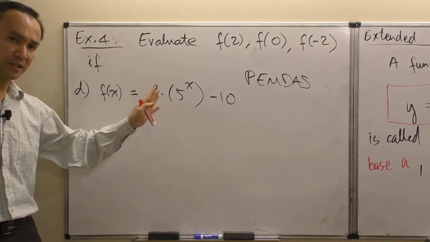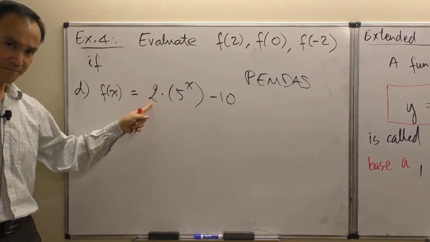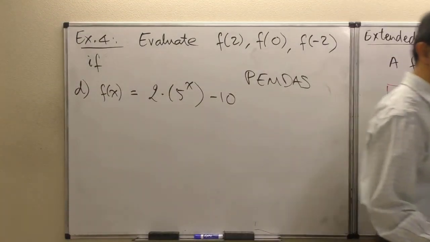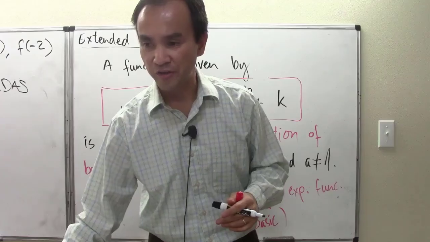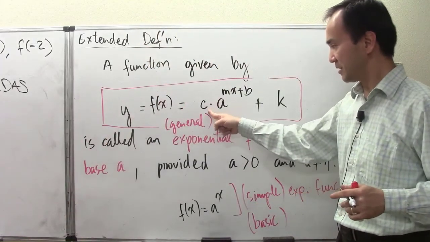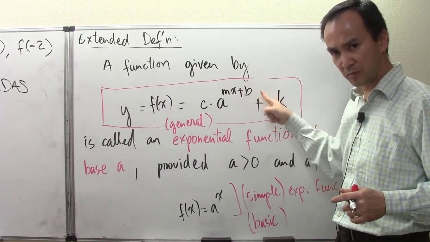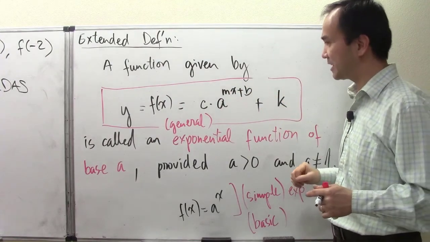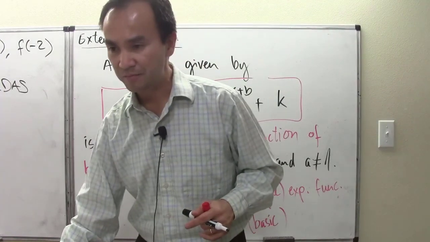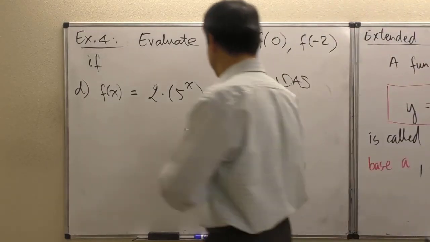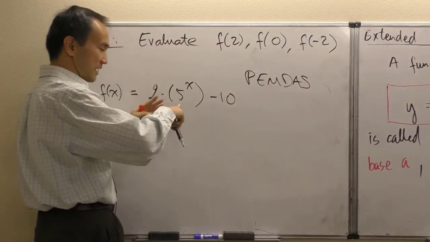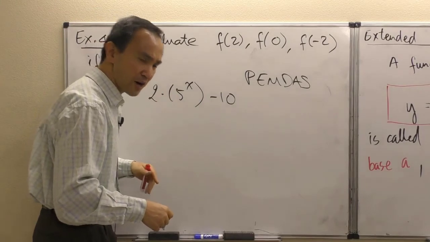So now clearly, this has a c in our general form of an exponential function, c times a to the mx plus b, plus k. In that way, this is a k, this is a 2. Our function is quite trivial already.